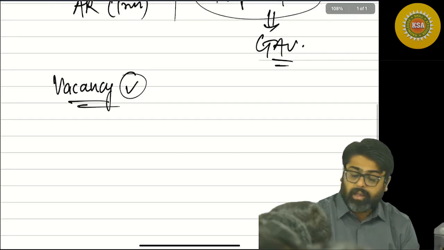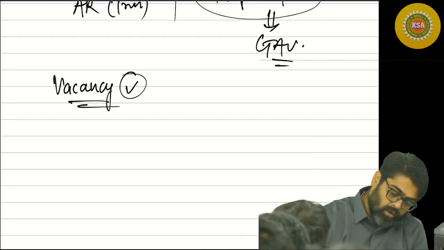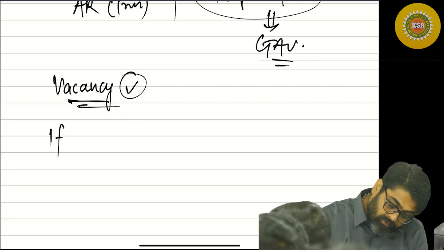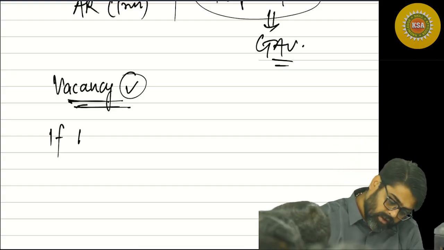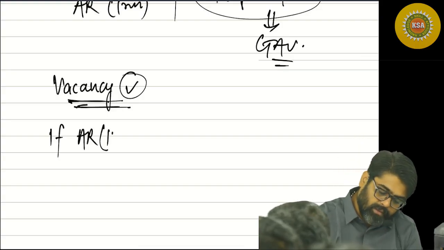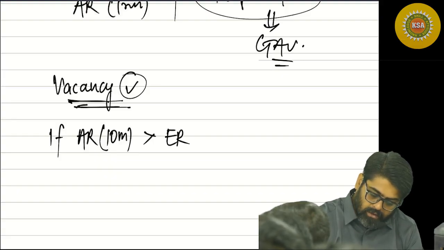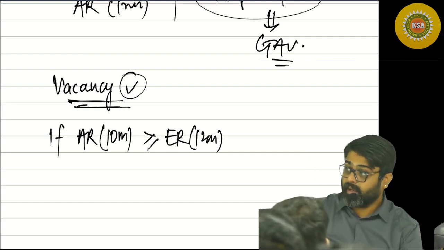Now, if vacancy is there, as in the second case, how to determine the GAV? In that case, always check if even after vacancy, your actual rent, which was for 10 months, is still greater than or equal to the expected rent of 12 months.